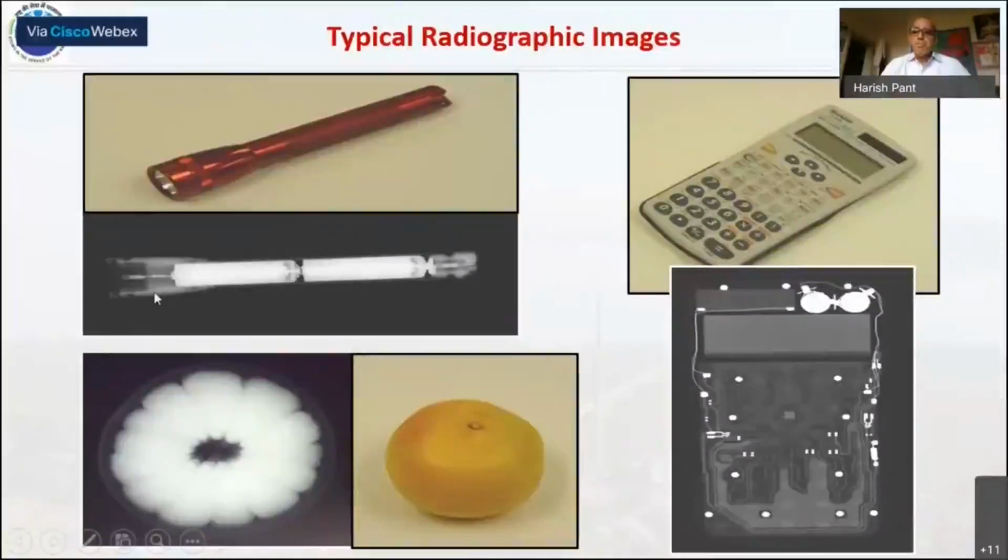Similarly, if you have a calculator and you want to see how it looks inside and how the circuit is, one can also take a radiograph of it. I'm showing you just a few examples. If you have an orange and you take the radiograph, it will look like this. You can see that in the center it is almost white.